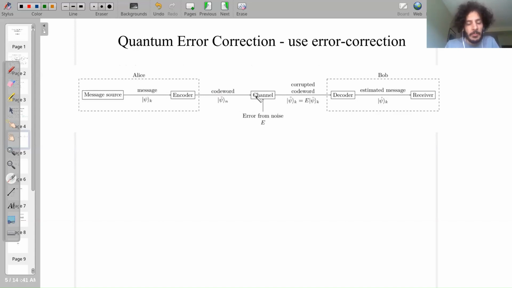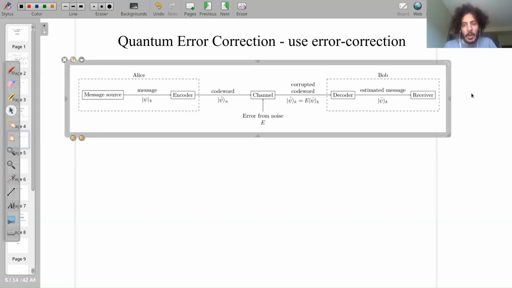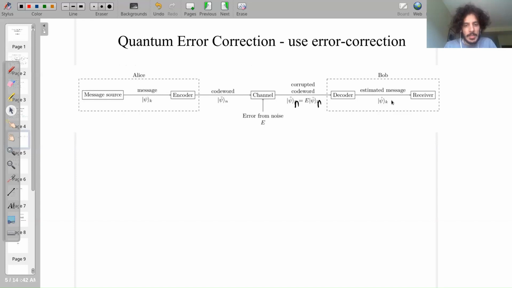And when it goes through the noisy channel, an error will occur. There's a mistake here, unfortunately. This should be n, and this should be n over here, and this should be n over here. So the error occurs, and you get a corrupted code word of n qubits. Then Bob's job is to decode and figure out the estimate of what Alice sent. So how? We're going to think about how to do this.